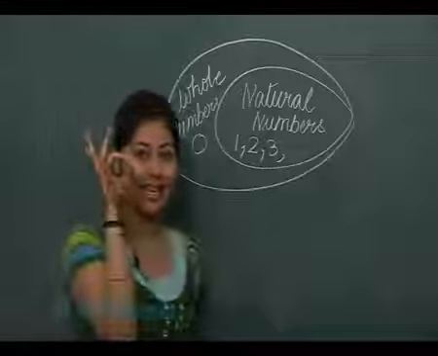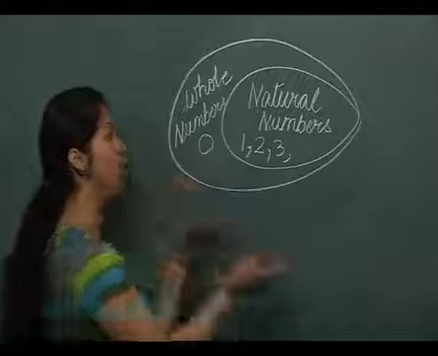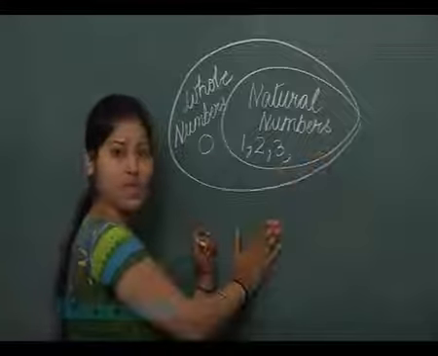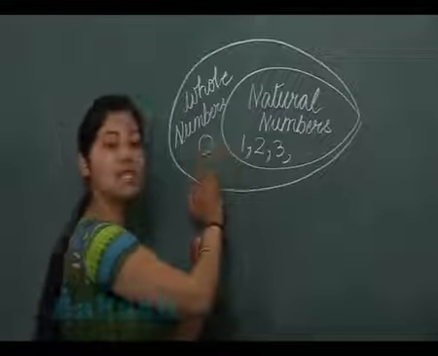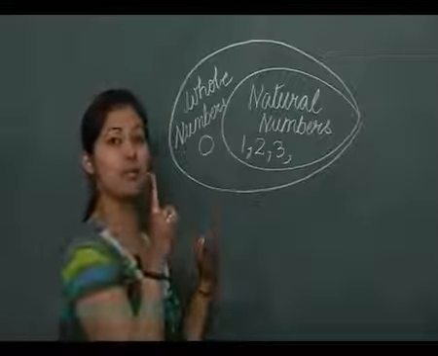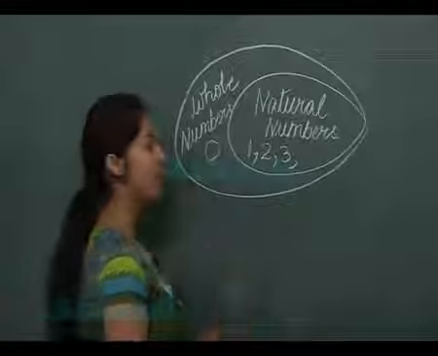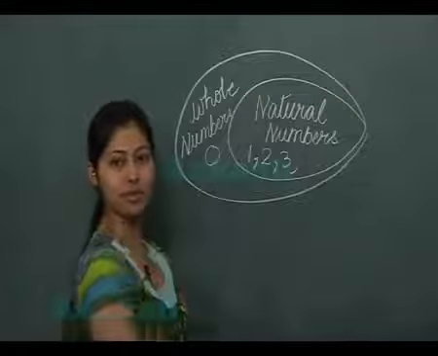This whole is like this. So, that indicates that if I add this 0 to the natural numbers, I'll get the set of whole numbers. And this is the only difference between natural numbers and whole numbers, that whole numbers have one extra number, that is 0, with it. Is this thing very clear to you? If I add 0 to the natural numbers, we get whole numbers.